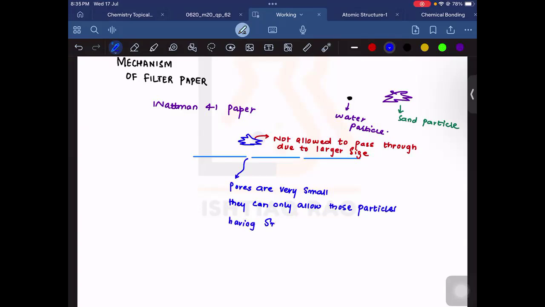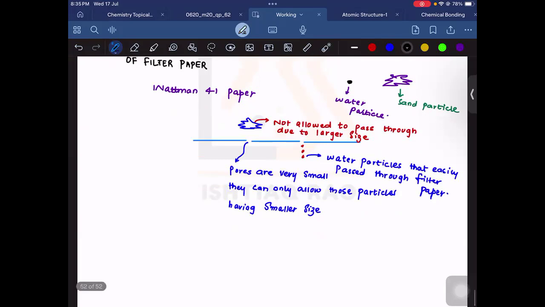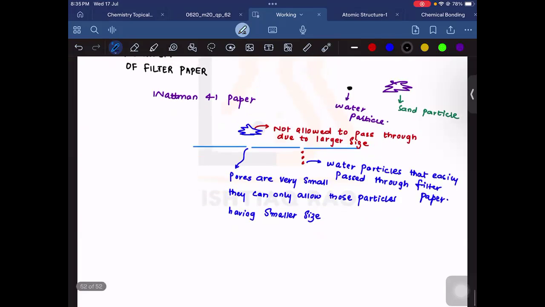So you can say these are the water particles that easily pass through. This is very simple. Okay, so this is the mechanism of filter paper, how the filter paper works.